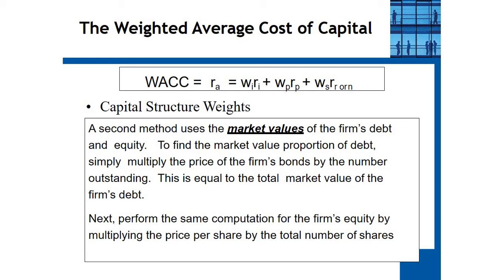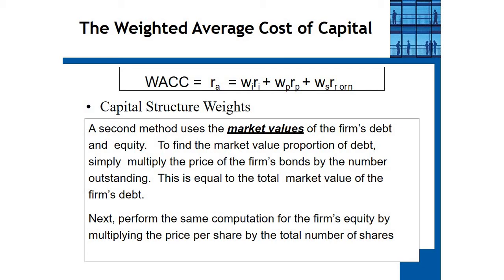So, say for example, the market price of a bond of a firm is $900, and the total number of outstanding bonds is 10. So in this case, the market value of the firm's debt will be 900 into 10. That's $9,000.